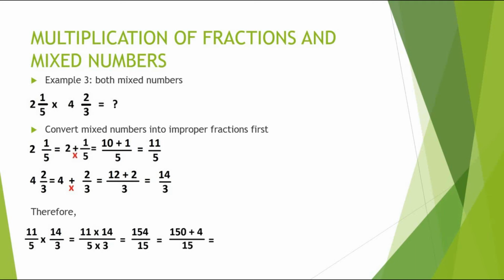So 154 is actually 150 plus 4, and then all over 15. Paghiwalayin natin sila ngayon, so it will become 150 over 15 plus 4 over 15. So 150 divided by 15 is equals to 10 plus 4 over 15, which is actually equal to 10 and 4 over 15.